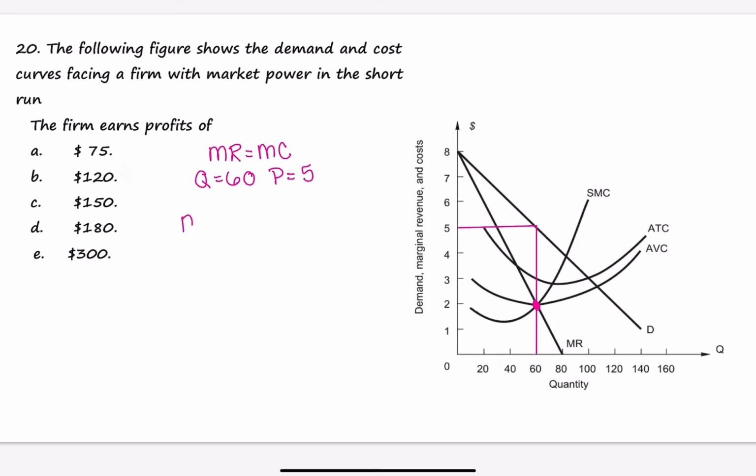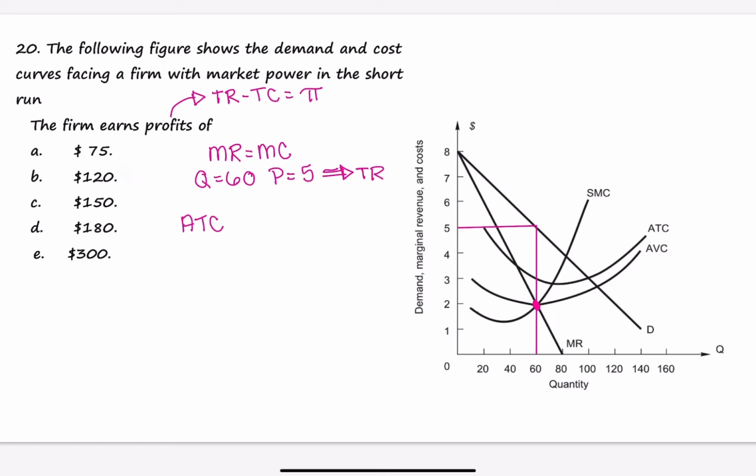Then we're going to look at our average total cost, because we know that profit is total revenue minus total cost. And with this, we can find our total revenue. So we need a way to also find our total costs.